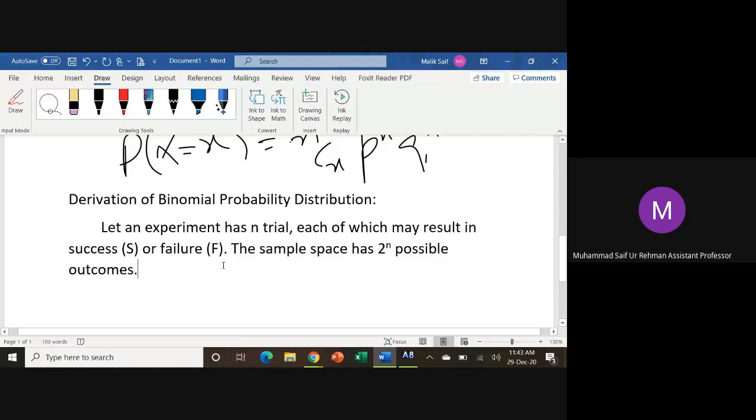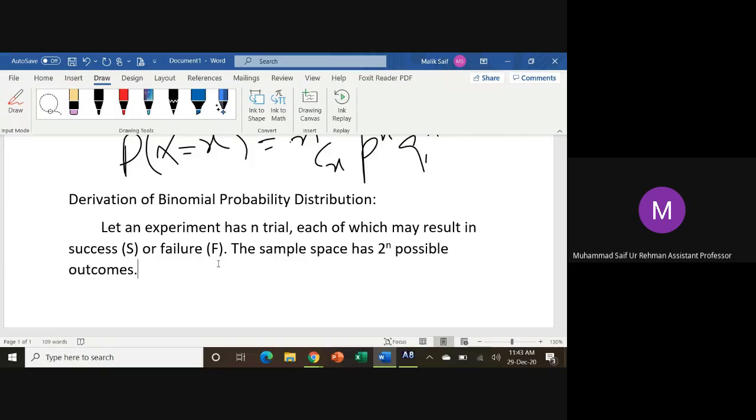Okay, if success and failure are the two possible outcomes, then for the number of trials, if you're going to toss a coin, let us say once, it will be 2 power 1. You will take n as 1. And if you're going to toss a coin 10 times, 2 power 10 will be the total outcomes in that case.